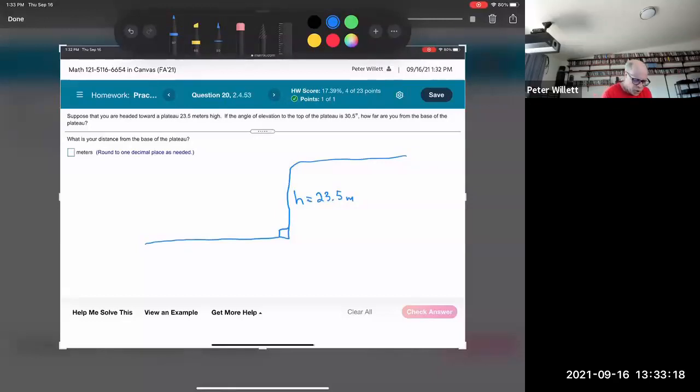So that means wherever you're at, when you look up at the top of the plateau from that point, this is the angle of elevation. And so that's 30.5 degrees. And notice in this problem, they're giving their angle with decimal degrees and not with degrees and minutes, because they're going to do either one on you. But in this case, this one will be easier for us because that's what the calculator likes already anyway.